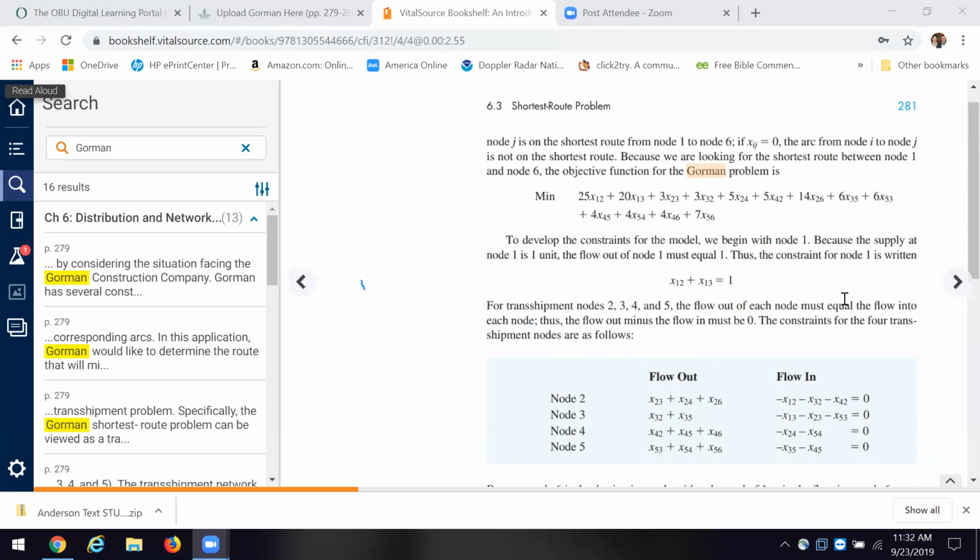And these are all weighted given the distances. And you see like the X12, that's node 1 to node 2. The X13 is node 1 to node 3. That's the notation that's going on there.